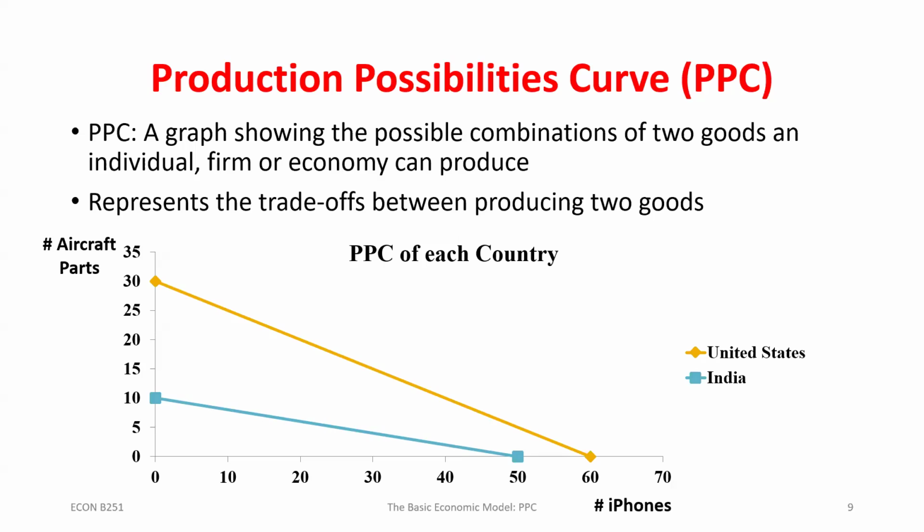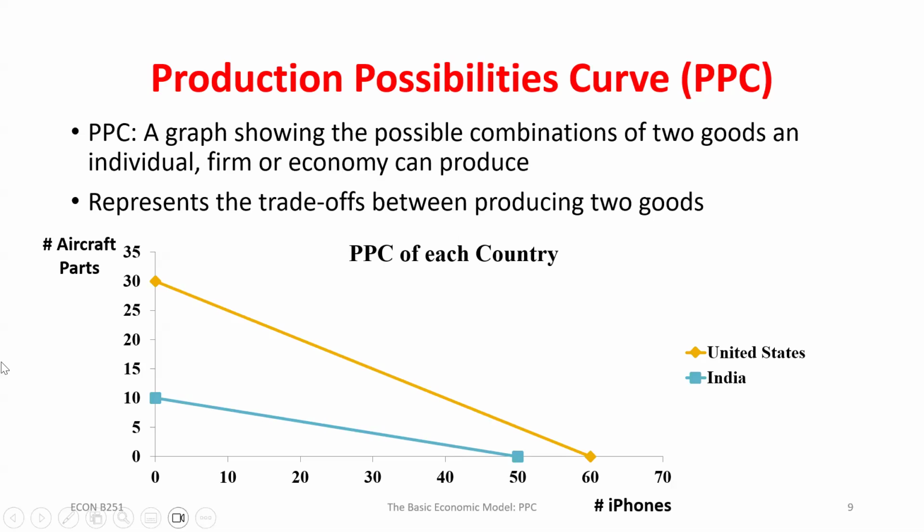Who has a lower cost? Is 5 lower than 2? No. So the US has a comparative advantage, or CA, in the production of aircraft parts. They can produce it at a lower cost.